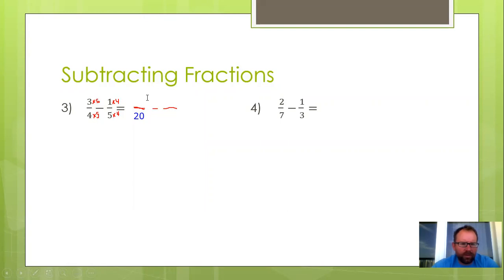All right, so then 3 times 5 is 15. And 4 times 1 is 4. All right, so then 15 minus 4 is just 11.